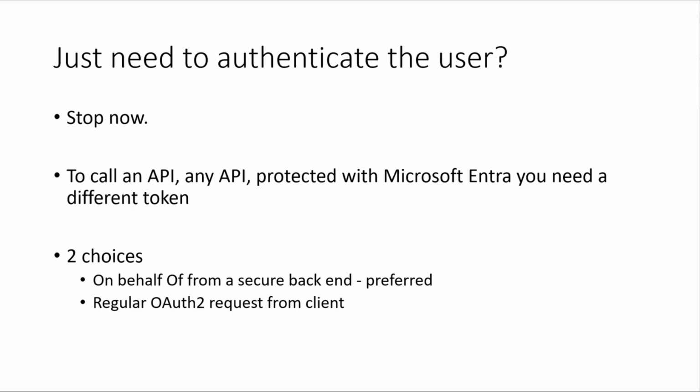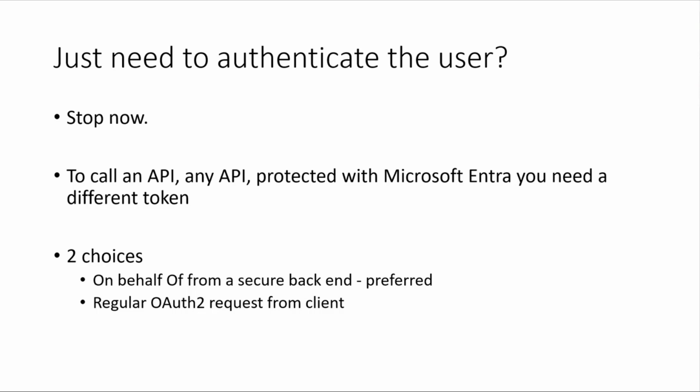So in that case, there are two different ways I could acquire the token that I need in order to move on and call an API that's protected by Azure AD. Our preferred solution is an on-behalf-of flow, an on-behalf-of grant. But for that, I do require a secure backend.